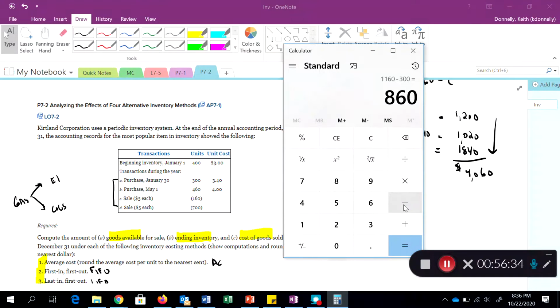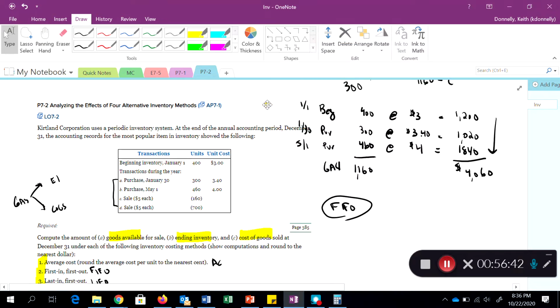So our cost of goods sold here, with FIFO, we have to take care of the 860 units we sold. We need to assign a cost to those. So FIFO, our first in, our beginning, we have to do 860 units. So we would start from the top, 400 of those units that cost us $3 each.